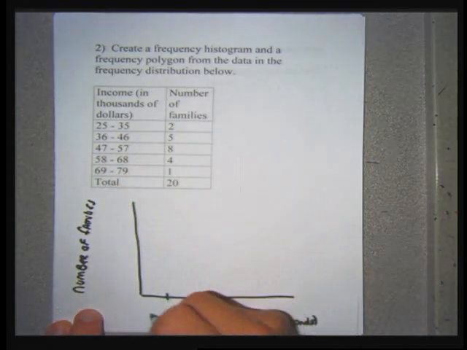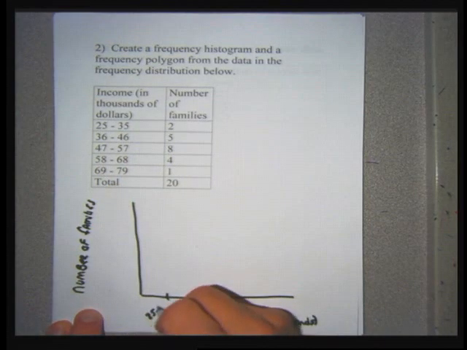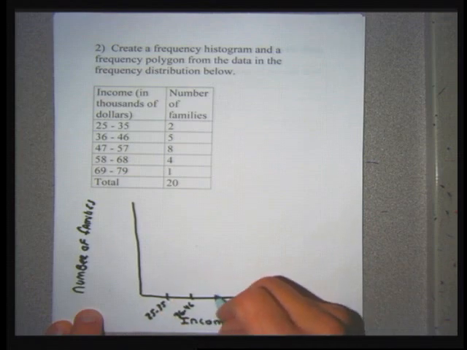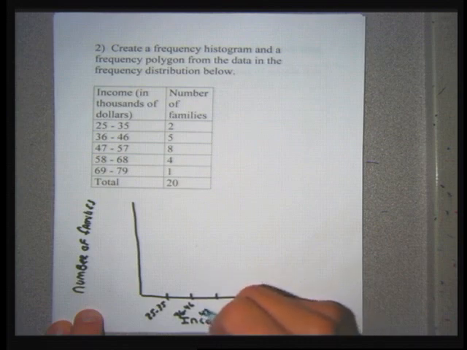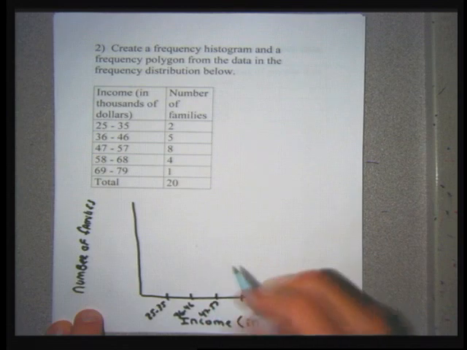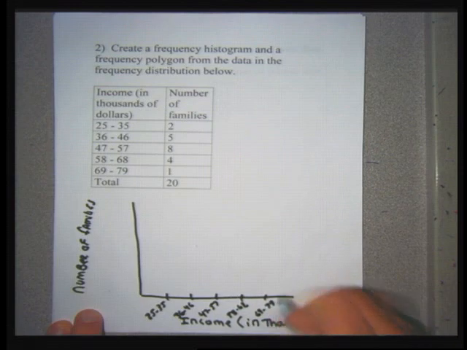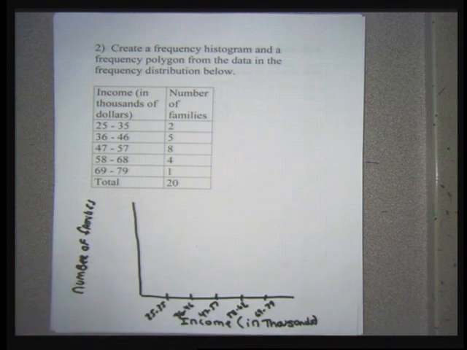And now I'm going to take these ranges and put them on the x-axis. So I'm going to go 25 to 35, 36 to 46, 47 to 57, 58 to 68, and 69 to 79, more or less equally spaced on the x-axis, and I don't need to show the total.